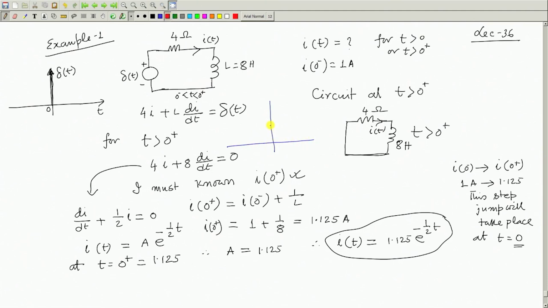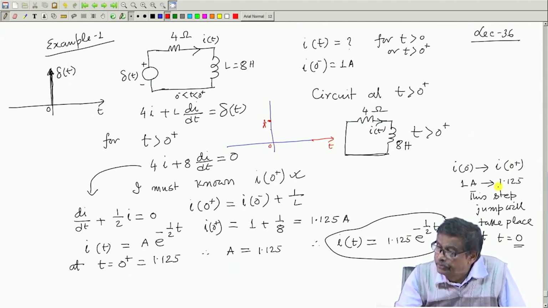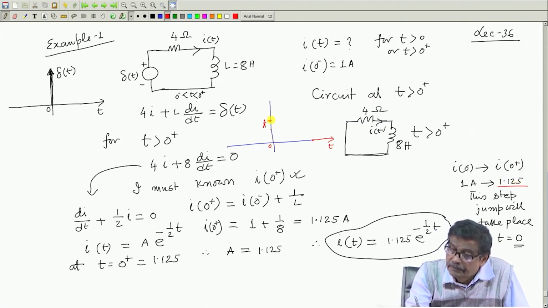At t equal to 0 minus, the current was 1 ampere. It was there. This is t equal to 0, this is t. At t equal to 0 plus, this current shoots up to 1.125.